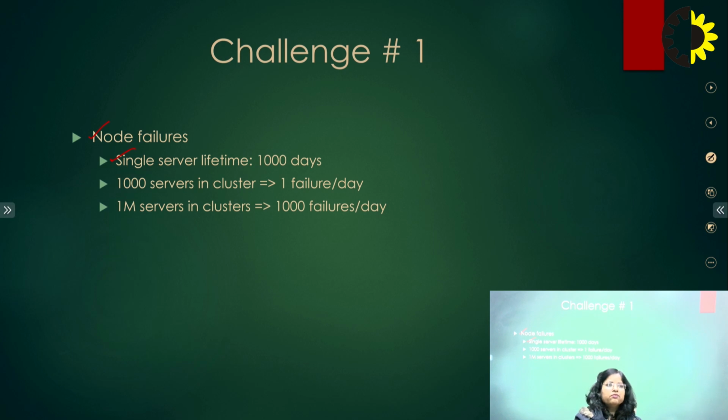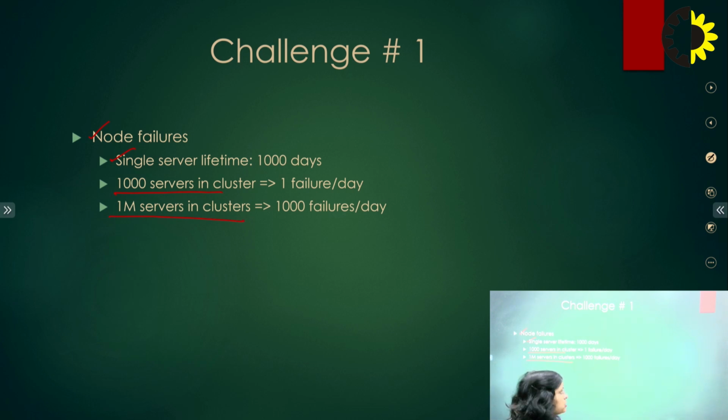The lifetime of a server can be calculated as about 1000 days. A cluster can have 1000 servers, or we can maximize the capacity of a cluster and consider it can have 1 million servers.